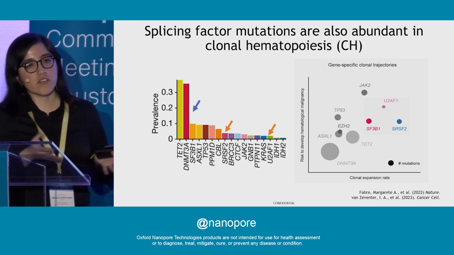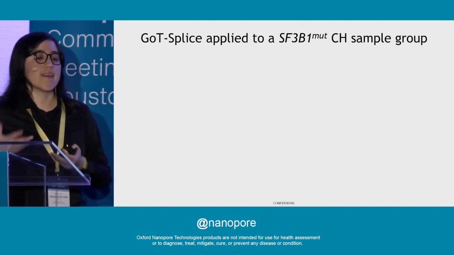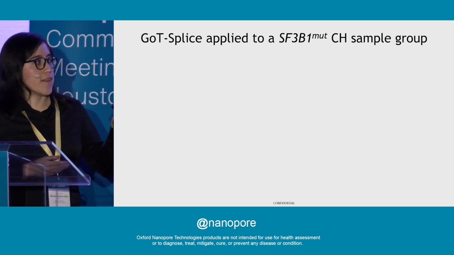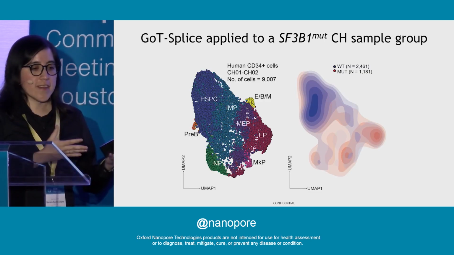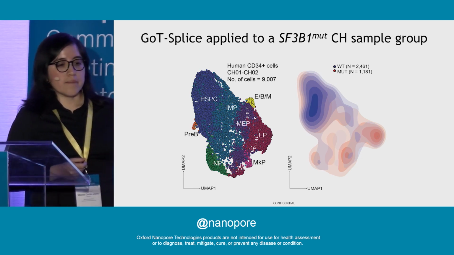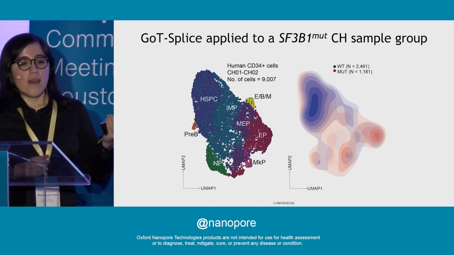So we applied GoT-Splice to healthy samples with these clonal expansions of SF3B1. And what we observed was that, even though it's not as dramatic as in the case of MDS, we are able to see an accumulation of the mutant cells in these erythroid progenitors.